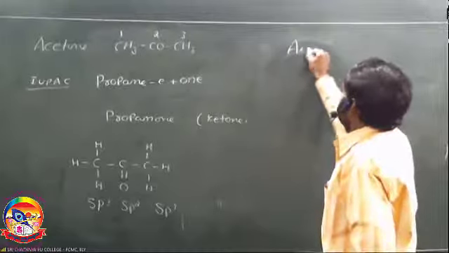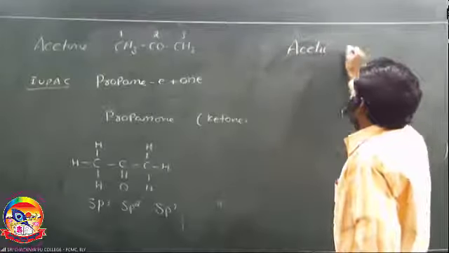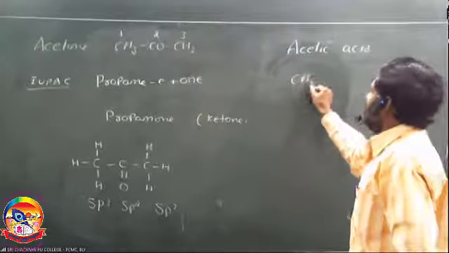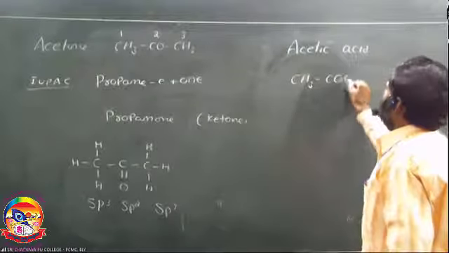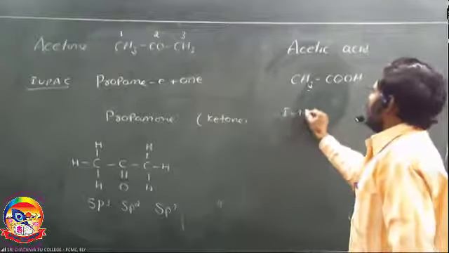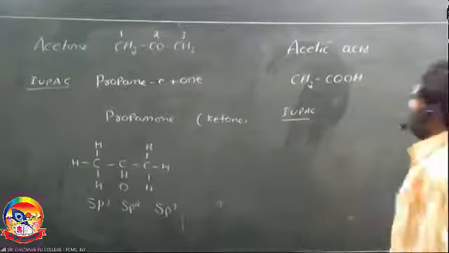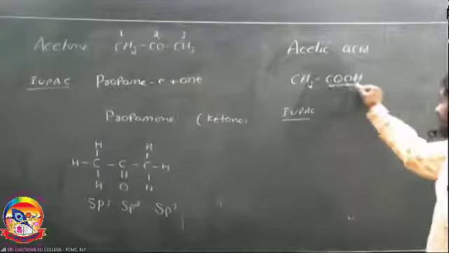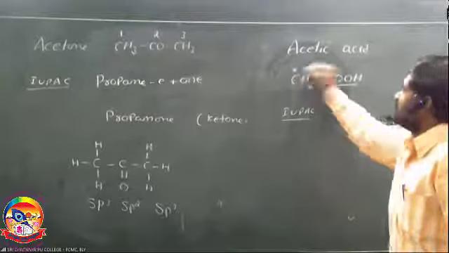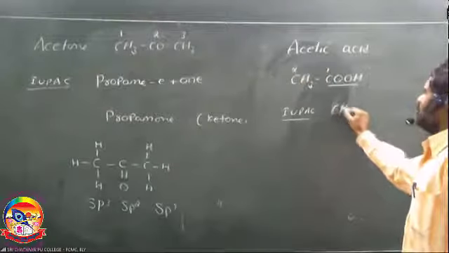Acetic acid. Acetic acid is the common name. CH3COOH. What is the IUPAC name of acetic acid? For carboxylic acids, the suffix is oic. It contains 2 carbons, so the root word is eth.